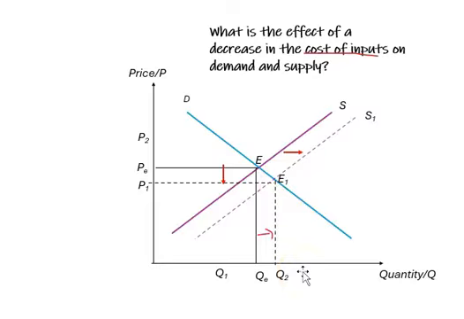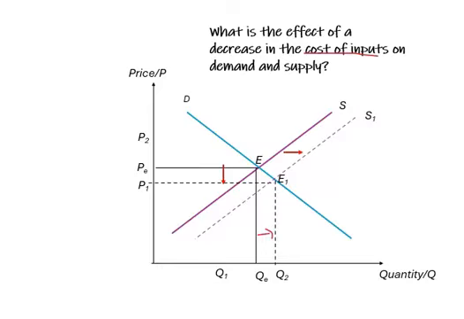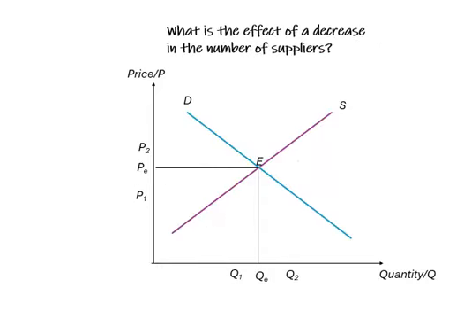The shift is only on the supply curve, and when it comes to the demand curve, the movement is along the curve. What about this example? What is the effect of a decrease in the number of suppliers?